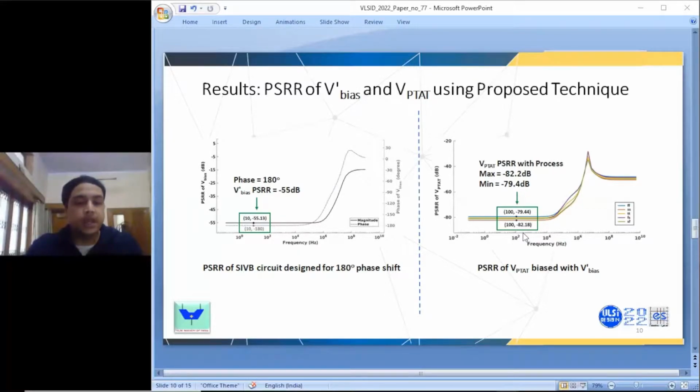On the right hand side, I'm showing the results of the PSRR of the VPTET, basically the output of our temperature sensor. Here you can see, with all the process variations, FF, SS, and other variations, our output PSRR is changing only from -80 dB to -79 dB, which is a good thing, right?